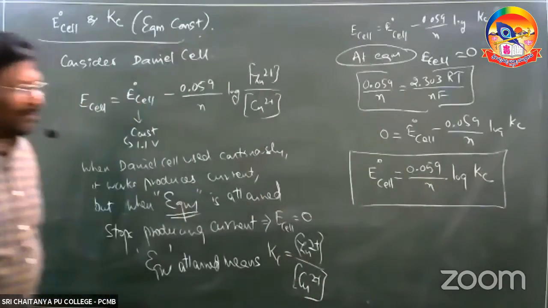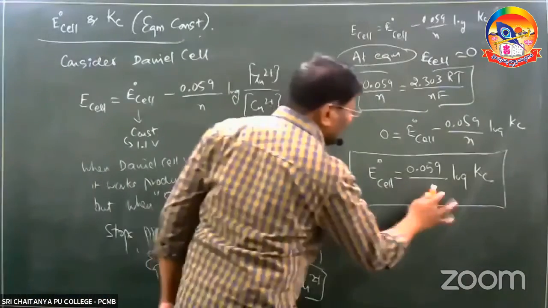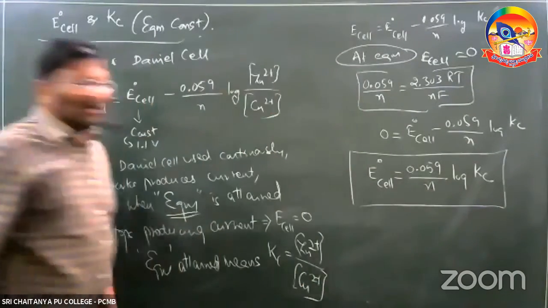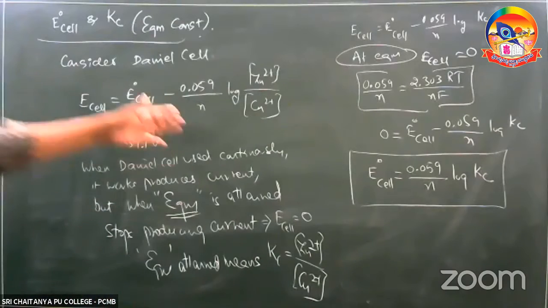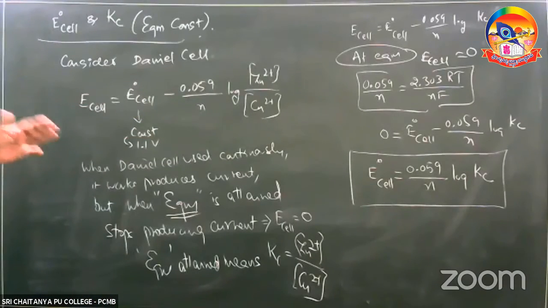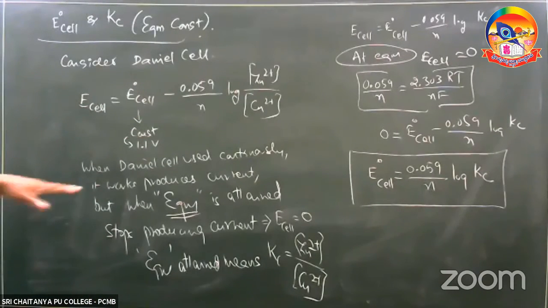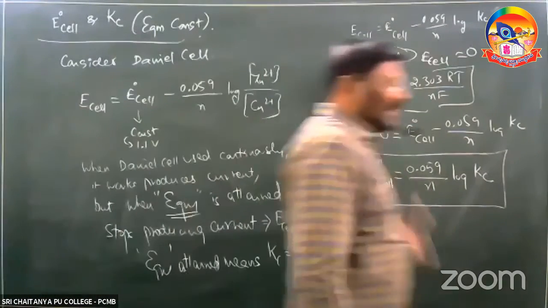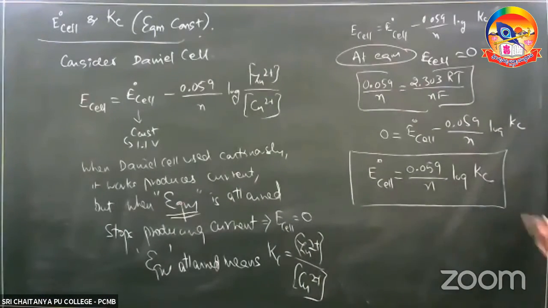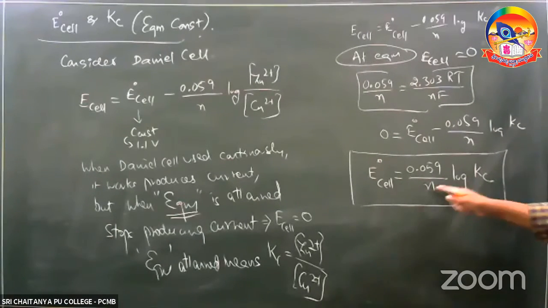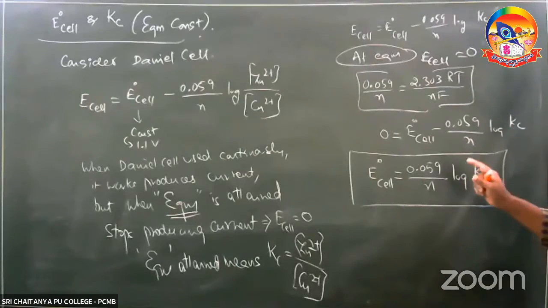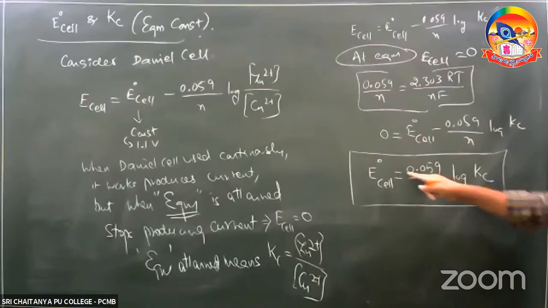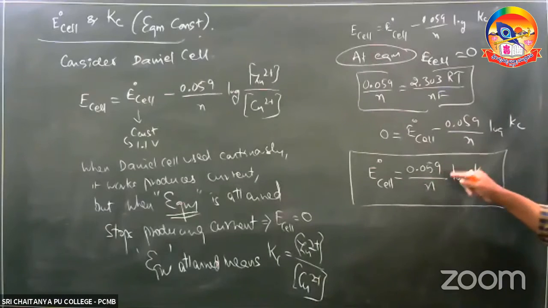Please remember, what is this n value? For the n value, you should write a balanced cell reaction, and write down the number of electrons. How many electrons are in transfer? That one should be written. Understand? So like this, E naught cell is equal to 0.059 by n log Kc.